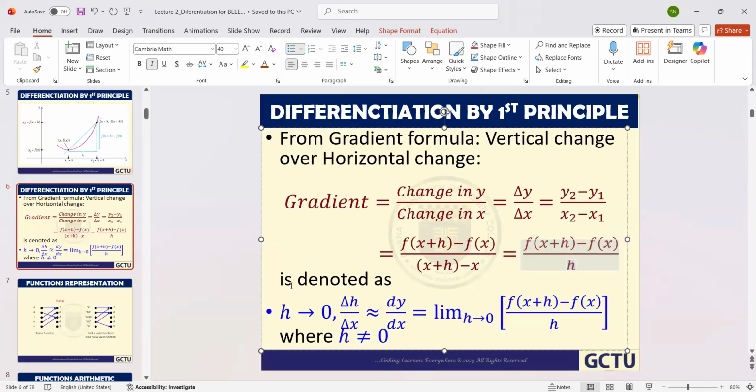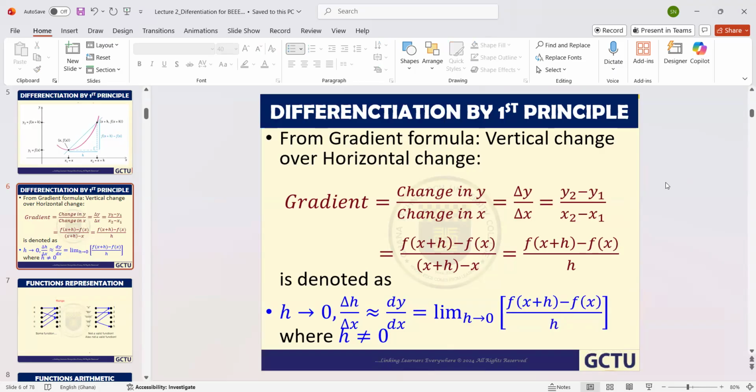And then, as we have just learned with limits, as h approaches 0. So finally, when you evaluate any function using first principle, you add h to x and subtract the original function, then you divide the whole thing by h. From there, you should be able to evaluate your function.